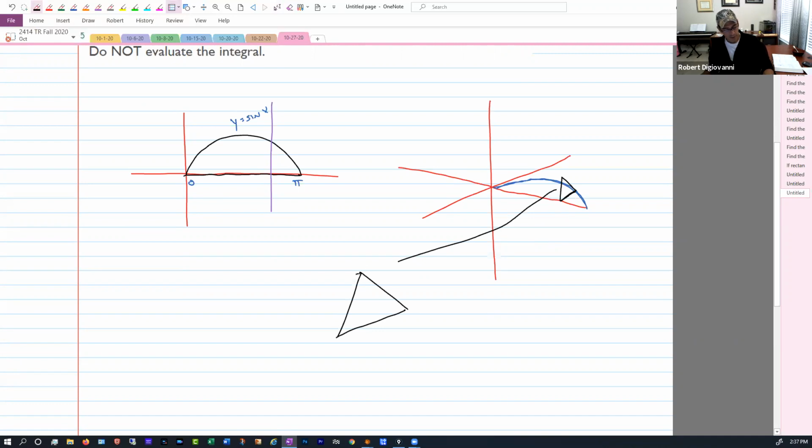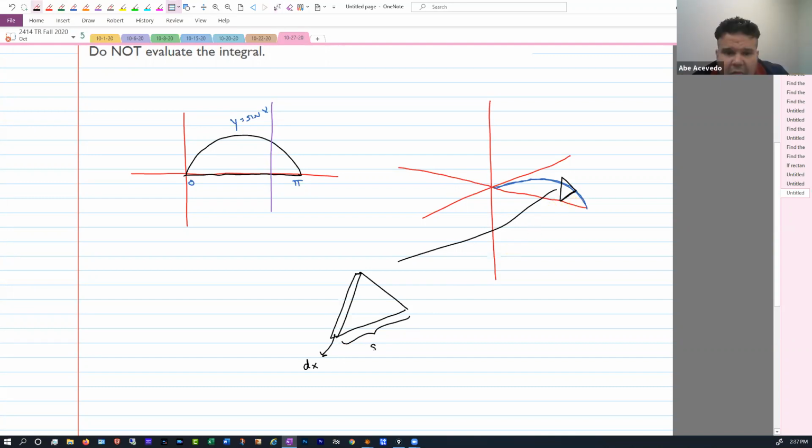And I'm going to give it some thickness because I'm trying to find the volume of this little piece. What do you think my thickness is going to be? dx. dx, okay. Can you tell me how long that base is? Sine x. That's just sine x. Good. It's an equilateral triangle, which means all of these sides are sine x, right?